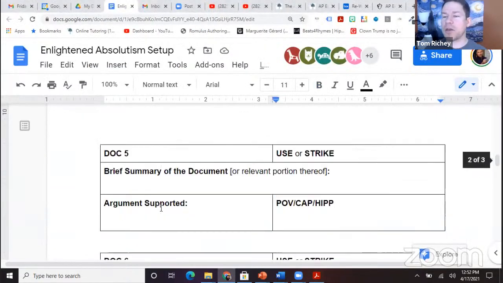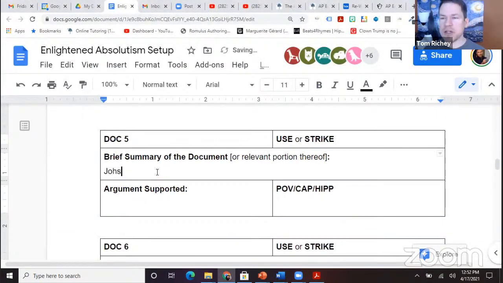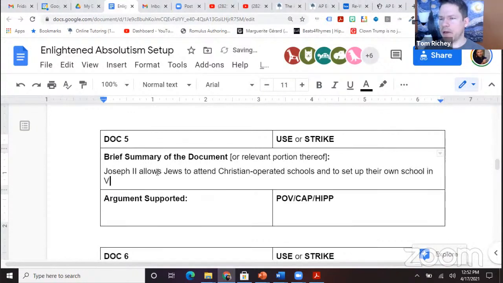So when I look at document 5, we see here that Joseph II allows Jews to attend Christian operated schools and to set up their own school in Vienna.